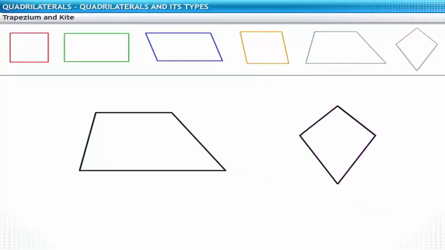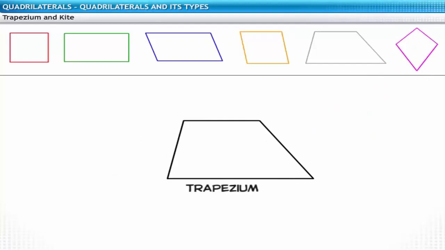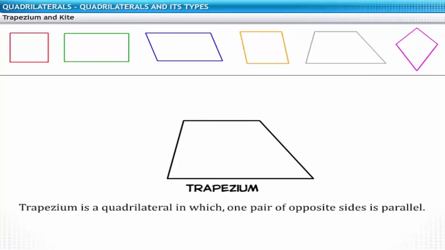Now let's consider the remaining quadrilaterals. Both these quadrilaterals are quite different from the ones we have just learned. This is a trapezium. It is a quadrilateral in which one pair of opposite sides is parallel.